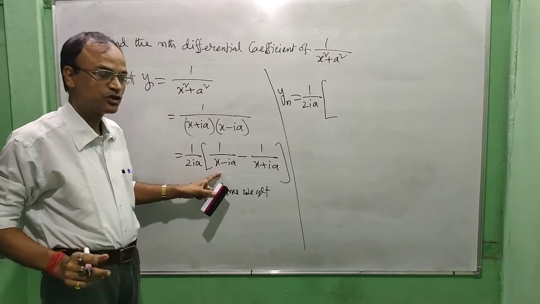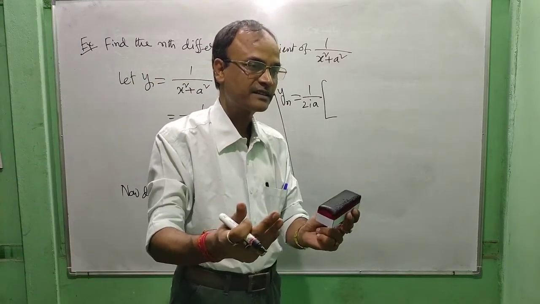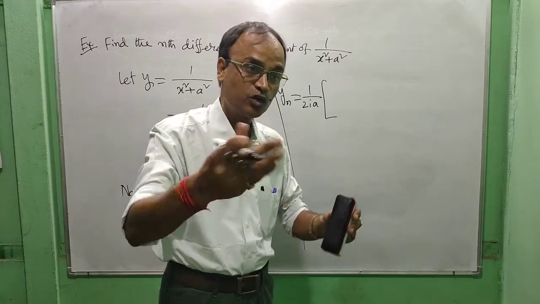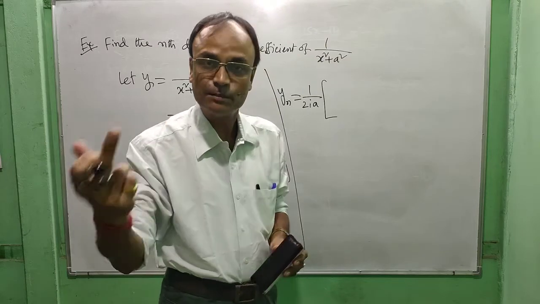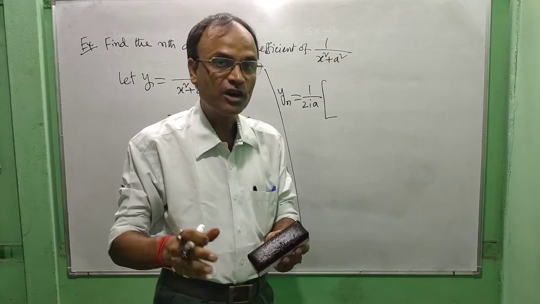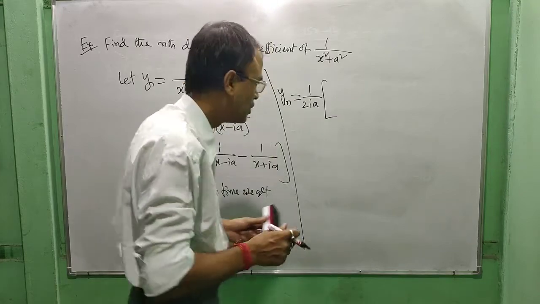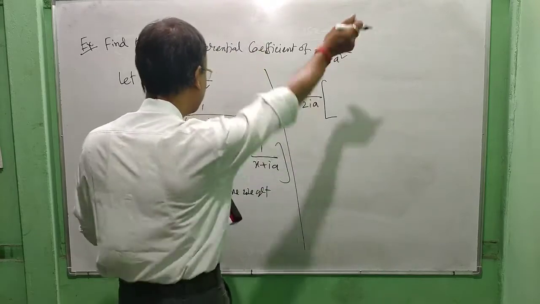What is the nth differentiation of this? The nth differentiation of ax plus b whole to the power minus 1 is minus 1 whole to the power n factorial n divided by ax plus b whole to the power n plus 1, of course into a to the power n.